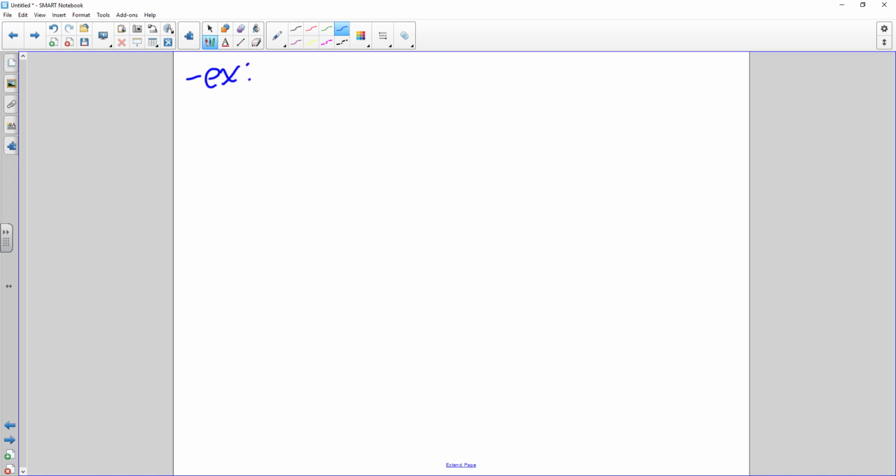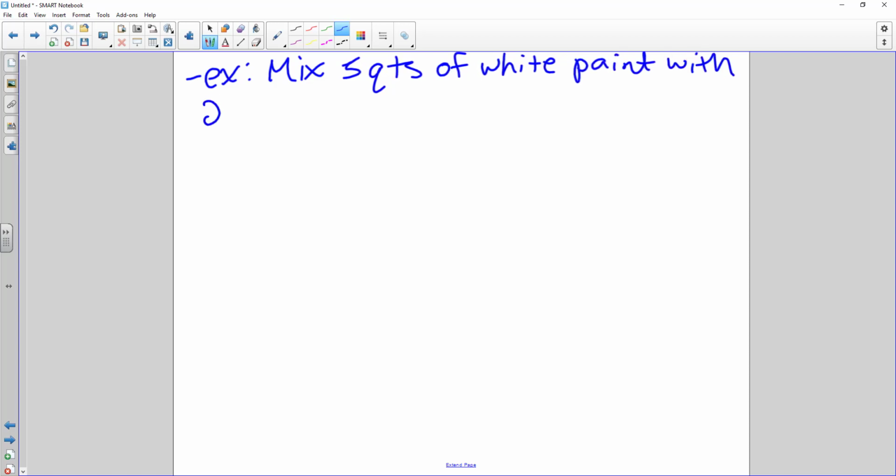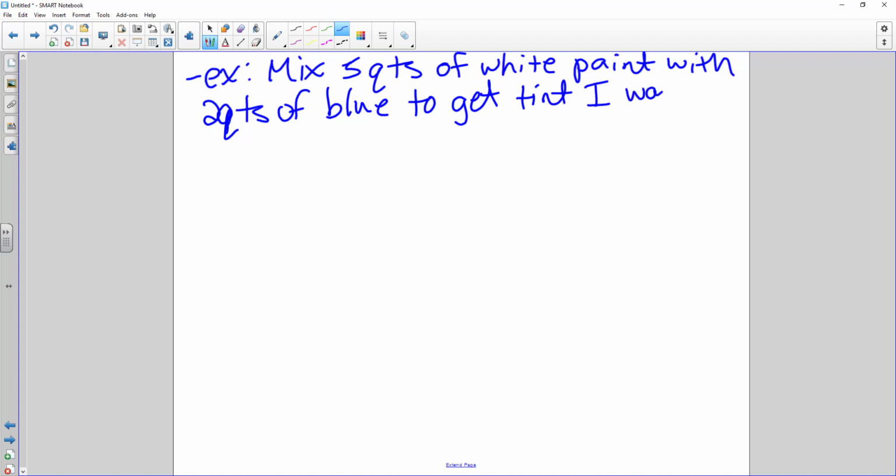So with this one, let's say that I need to mix 5 quarts of white paint with 2 quarts of blue to get the certain tint that I want.